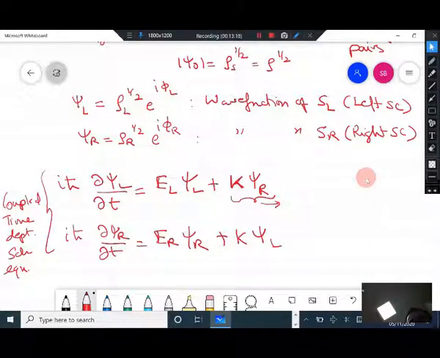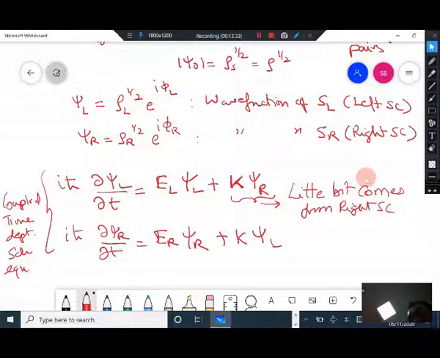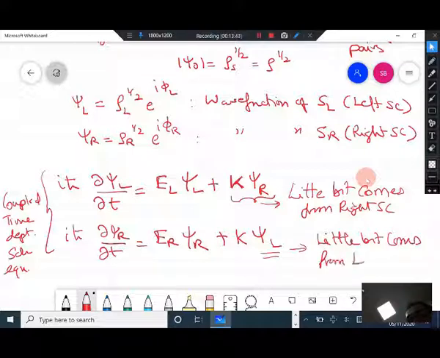The time dependent part of psi L not only depends on psi L, but a little portion of the wave function comes from the right superconductor, and similarly psi R depends not only on psi R but also on psi L.